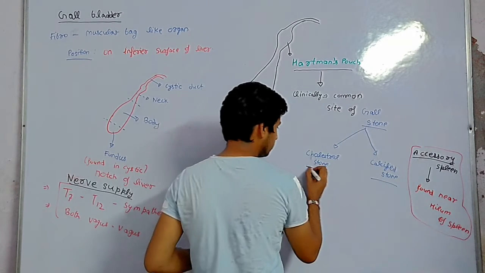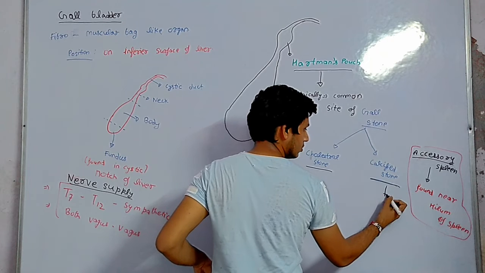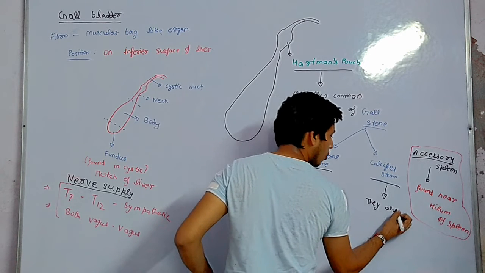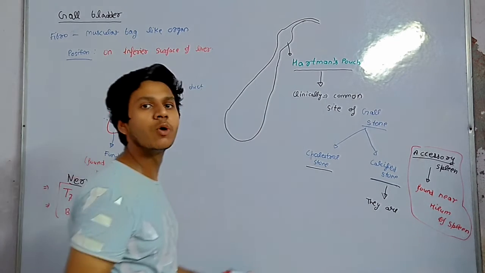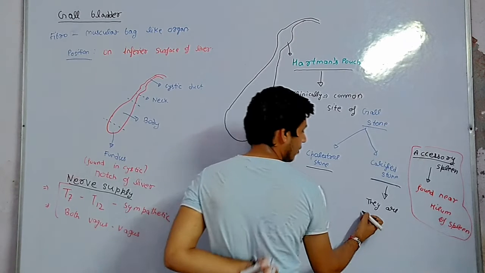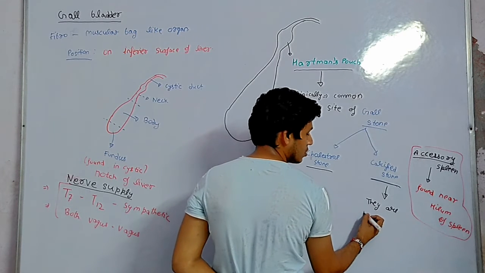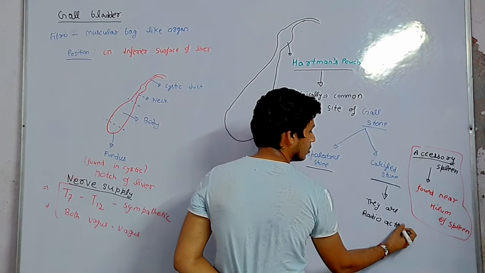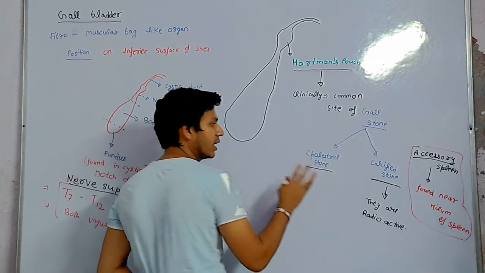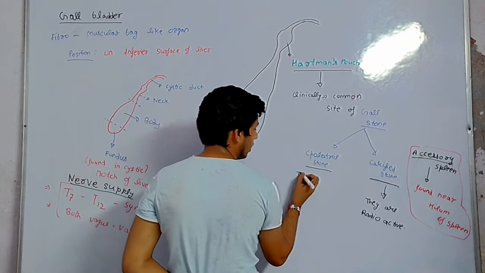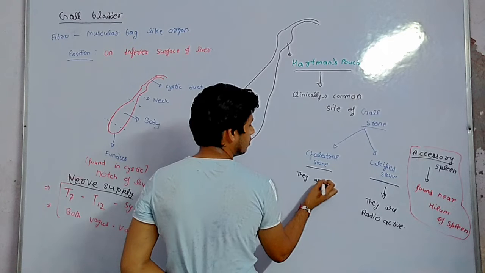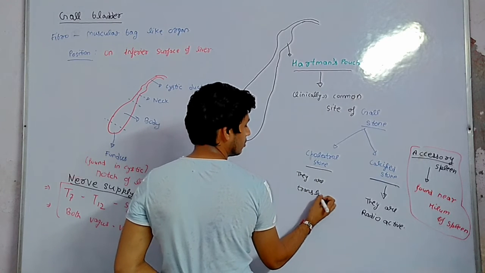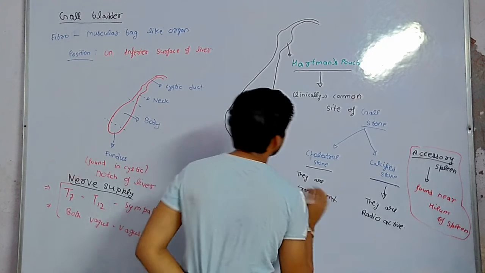The difference is that calcified stones are radio-opaque, meaning they can be seen in a radiograph. We can find calcified stones by X-ray. But cholesterol stones cannot be found through radiograph; they are translucent and cannot be seen. Done. This is an important thing.